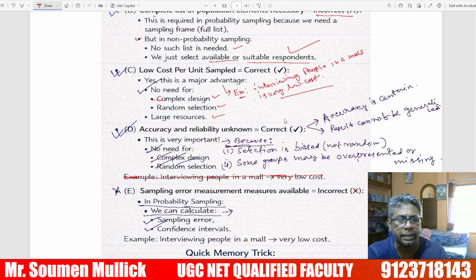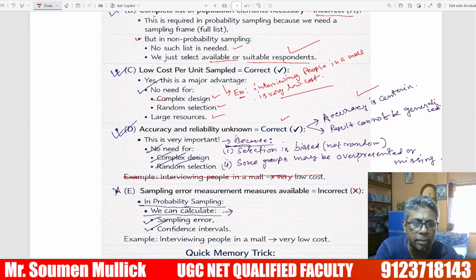D, accuracy and reliability unknown. That is correct. In the case of non-probability sampling, accuracy and reliability are unknown, and results cannot be generalized because the selection is biased, not random. Some groups may be overrepresented or missing.